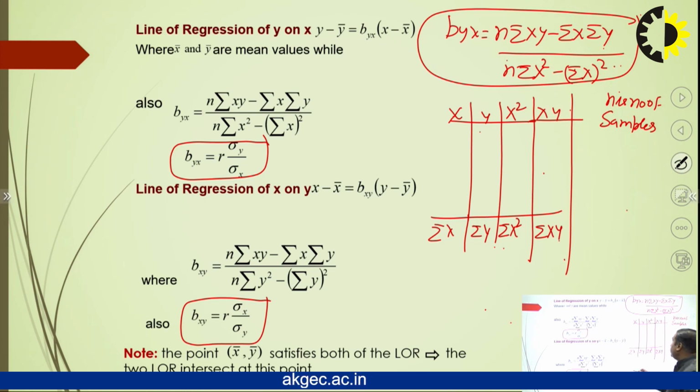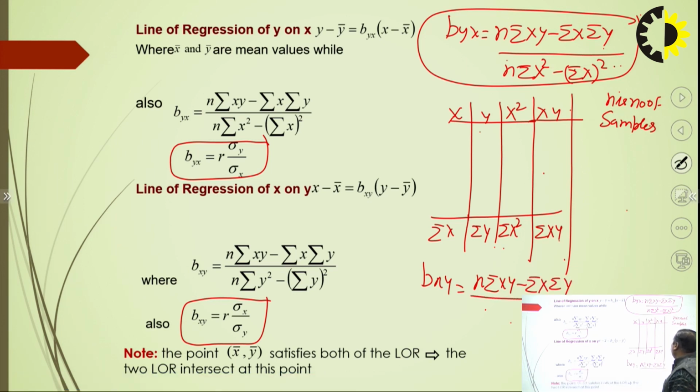Similarly, bxy is equal to n summation xy minus summation x summation y, upon n summation y square minus summation y whole square. Here x square and xy are known; we also calculate summation y square and summation y whole square.